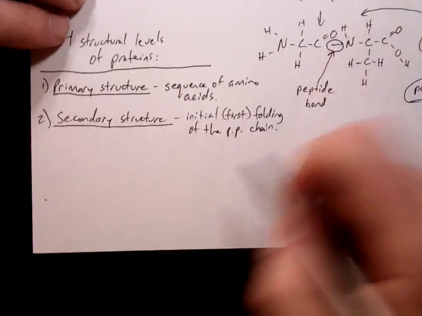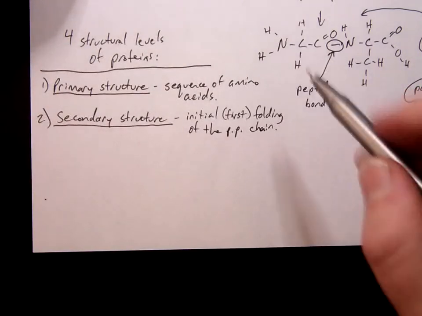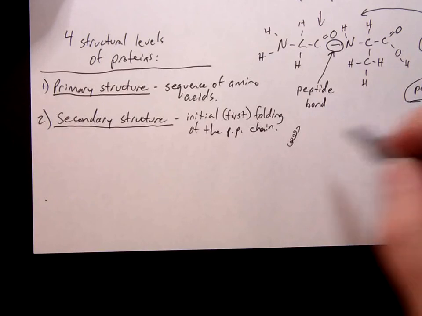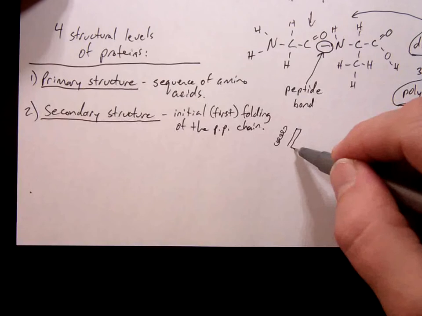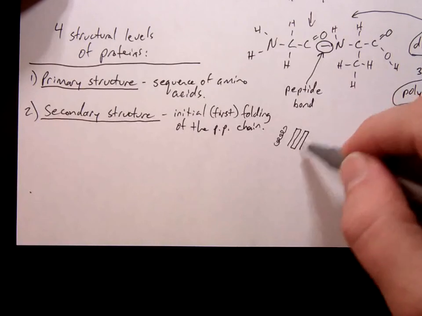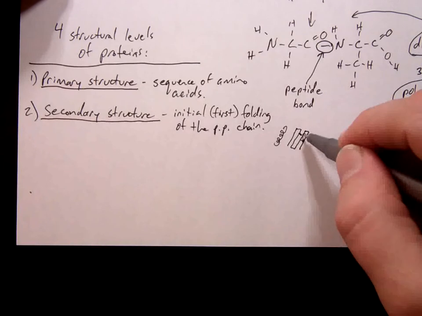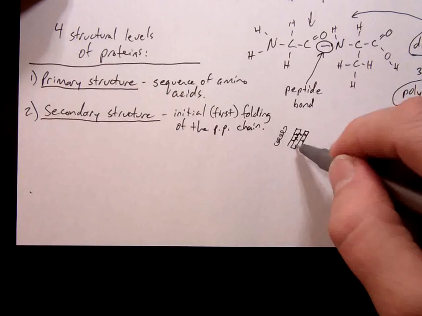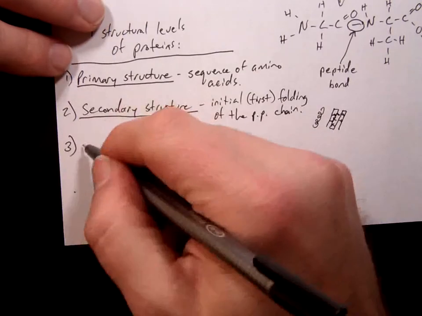It starts folding into something called alpha helices, which look like these little squiggles or swirls like that, and these things called pleated beta sheets, where they start making these back and forth sheets, and one folds upward like that, and then they fold down in the middle and up like that. You don't have to know this for the test, I'll just give you an idea. So that initial folding. And then it folds in different ways, and that's called the tertiary structure.